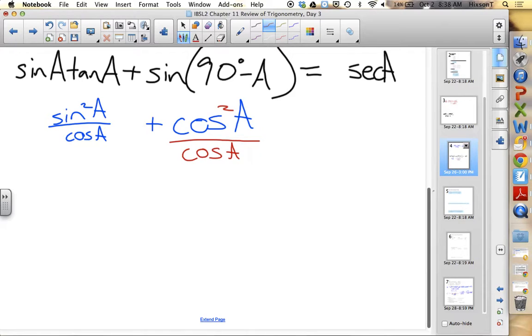And when you add those together, you get 1 over cosine. Exactly. Good. Get a common denominator. Again, I have two terms. I want just one term. So I get a common denominator. Sine squared plus cosine squared is 1 over that cosine, and 1 over cosine equals secant.